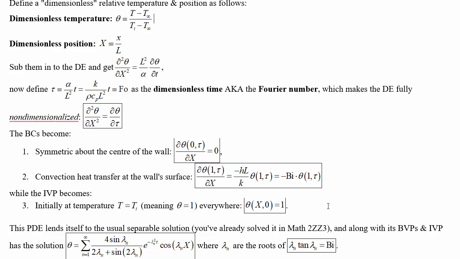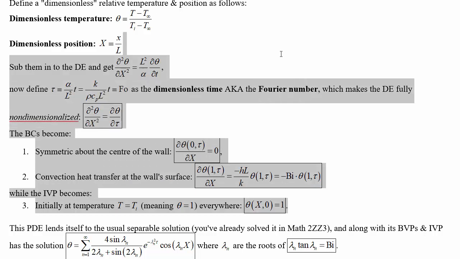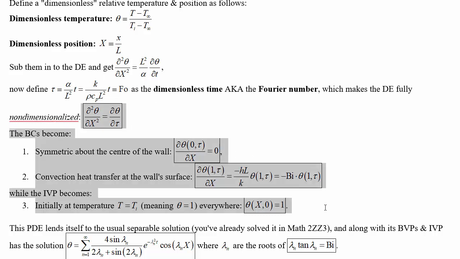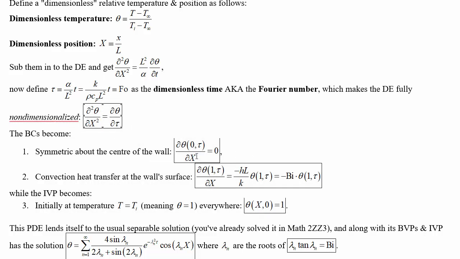All right, so this setup, with the dimensionless temperature, dimensionless position defined like that, and dimensionless time defined as given there, gives us this problem. So this differential equation subject to these two boundary conditions and this initial condition. Bi number is a positive constant.